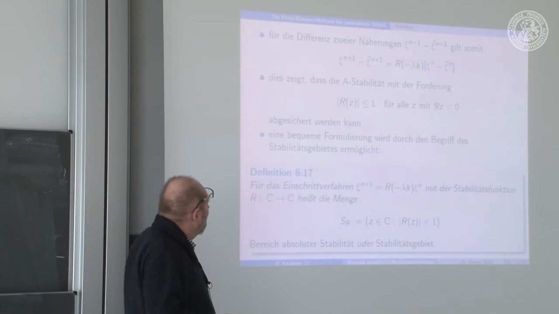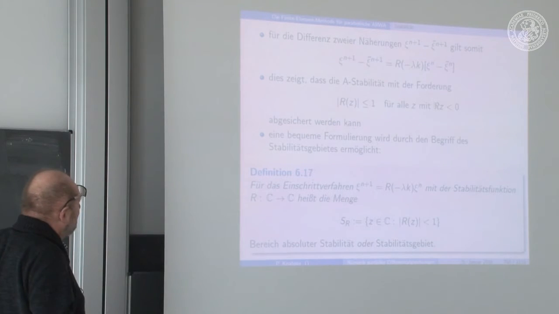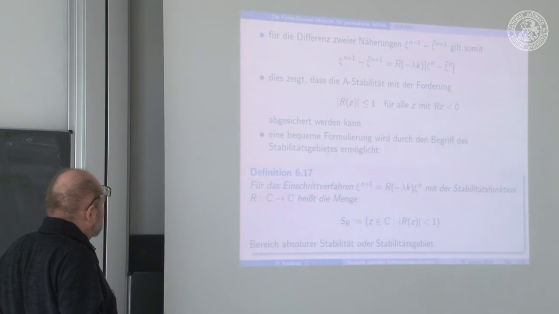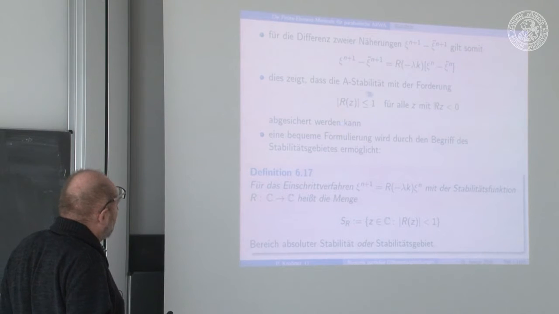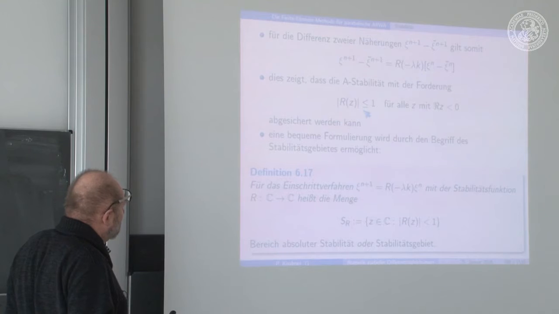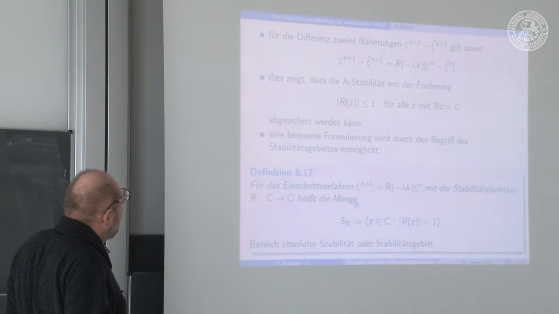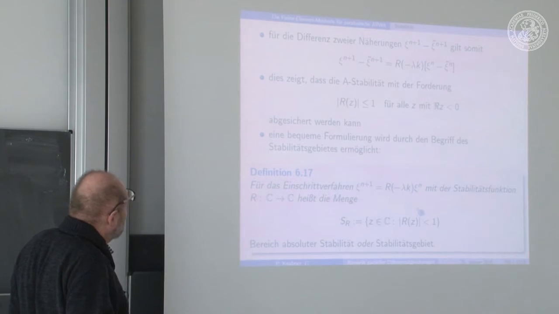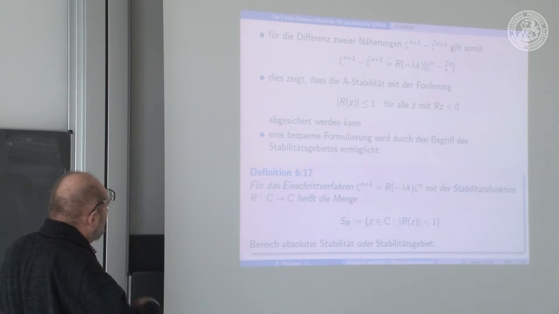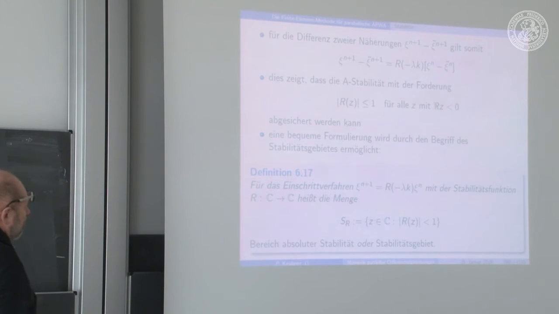This shows us that A-stability is equivalent to requiring that the function is in modulus less than or equal to 1 for arguments with negative real part. And it makes sense to define the domain of stability where this is fulfilled.